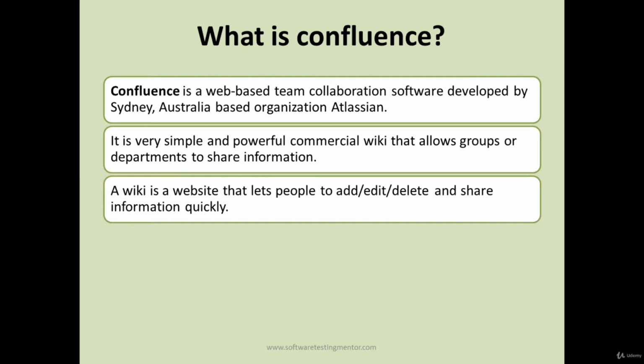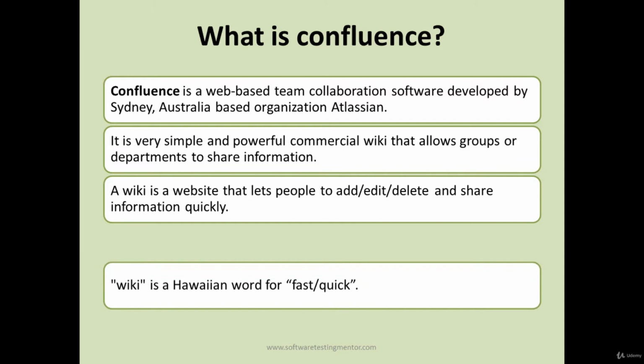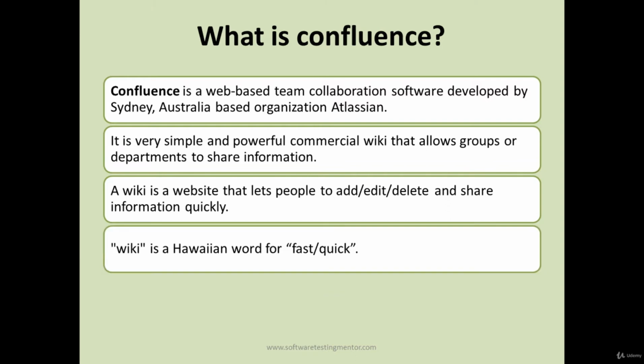In a wiki, you can easily add, edit, delete and share information very quickly. Wiki is a Hawaiian word which means fast or quick. So anything which is fast or quick in Hawaiian is known as wiki.